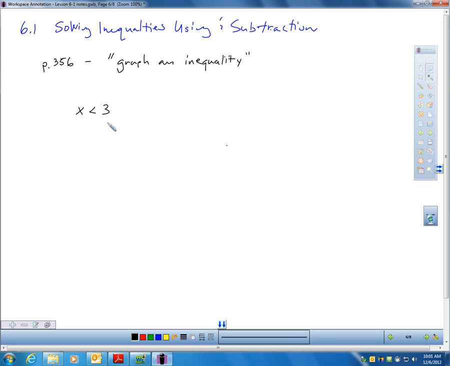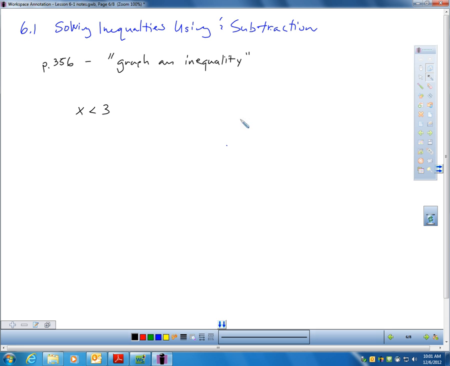I think you'd soon realize that that assignment would never get done. You can list infinitely many values for x less than 3. That's exactly why we graph. The graph is a quick way to show all the values less than 3 because it is physically impossible for you to write them all down.